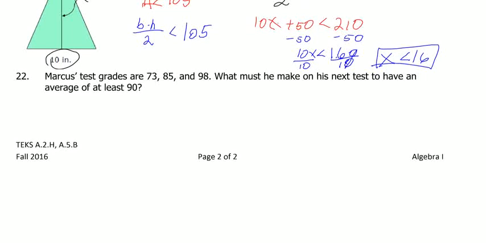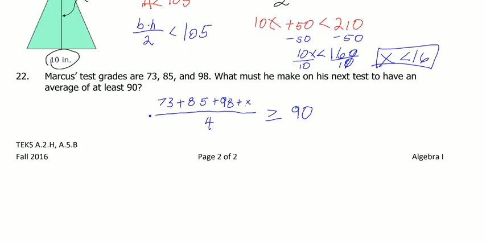In order to set this up, if you remember correctly, in order to find an average, we need to take the test grades, add them together, and since we don't know the fourth test grade, we plug in an x, and there's going to be 4 tests, and we want this number to be greater than or equal to 90.